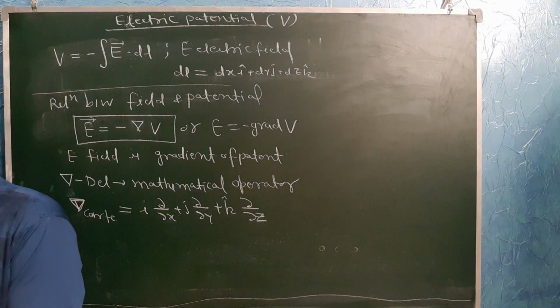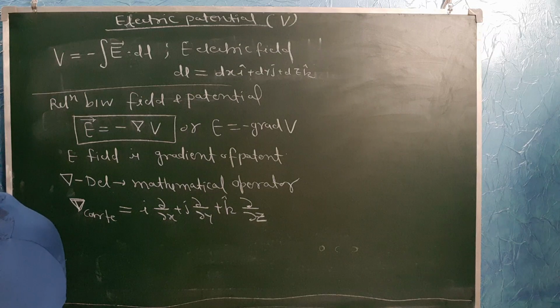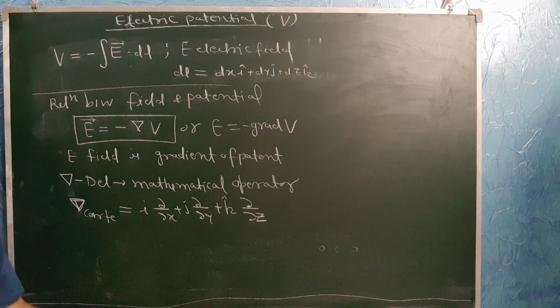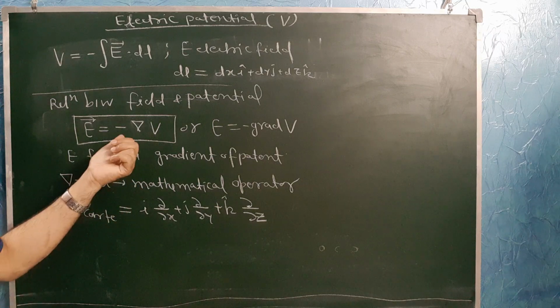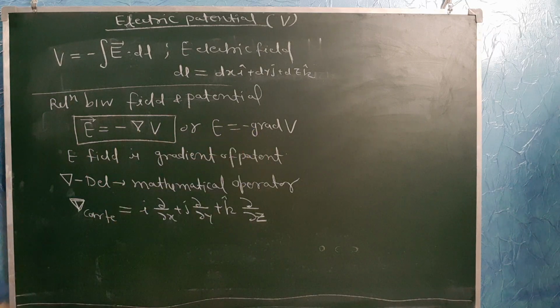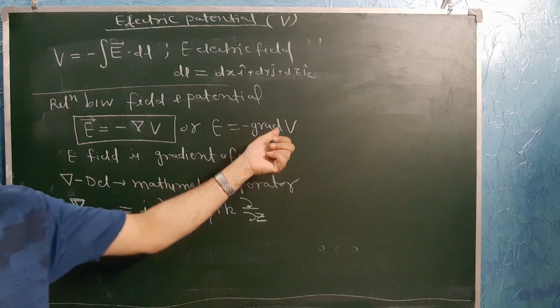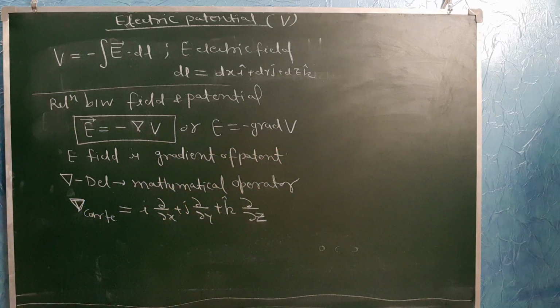One more piece of information: if the field is expressed this way, E is the negative gradient of potential. This is the relation between field and potential.